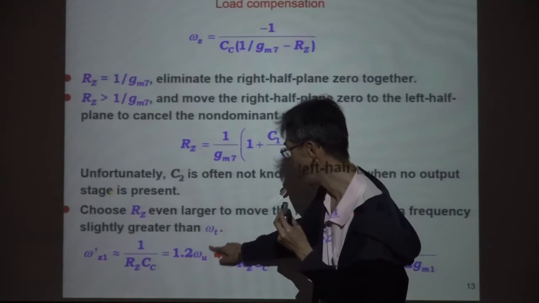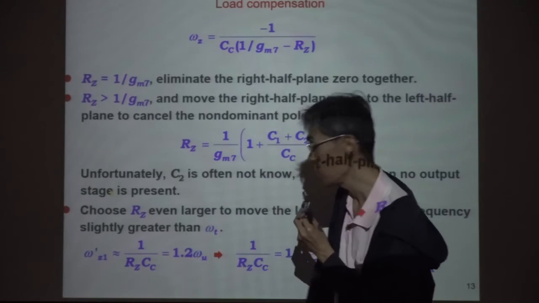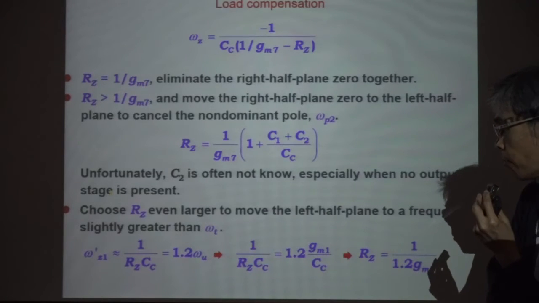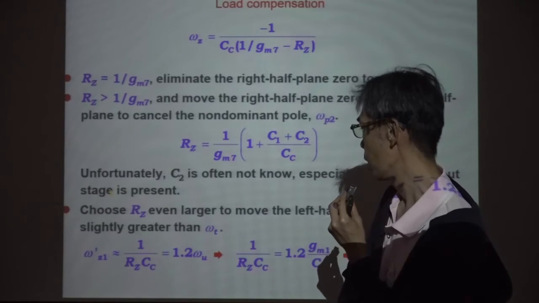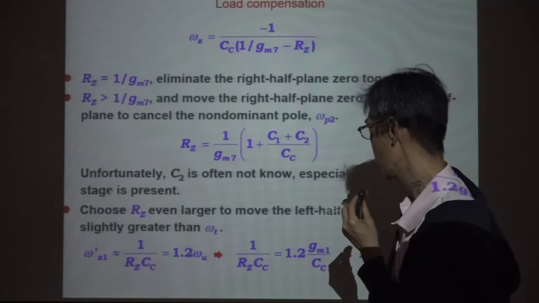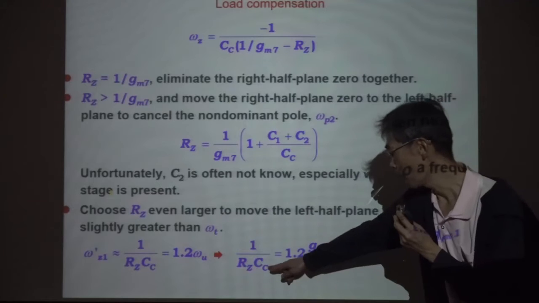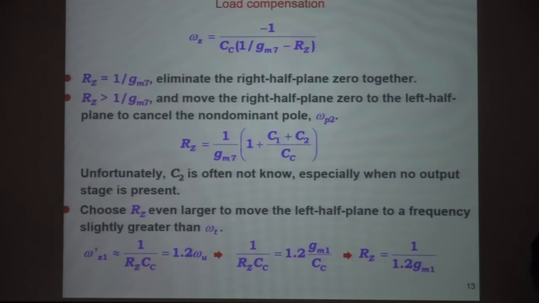So we take omega t equal to 1.2 omega u, the unity gain frequency. And for omega z1 prime, we can approximate the RZ value into this value. Okay, next.